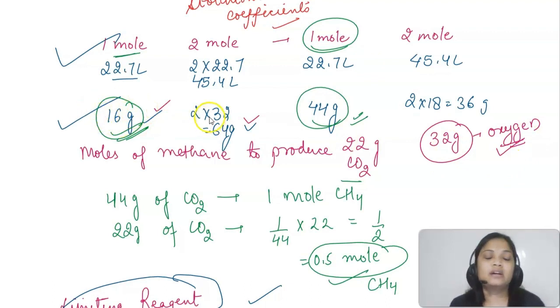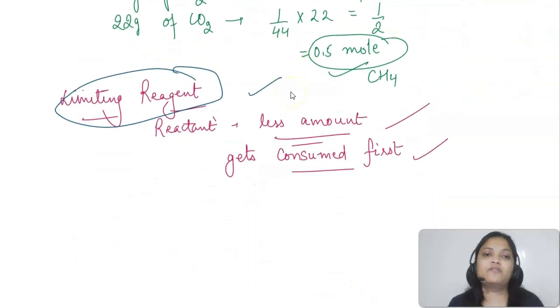No, right? The combustion of all of methane will not happen. The reaction will stop when this 32 grams of oxygen is utilized. So in this particular case, your oxygen will be the limiting reagent because it is not letting the reaction complete, because the amount of oxygen is less. Okay. So that is the concept of limiting reagent.